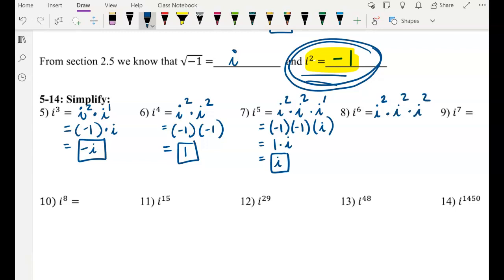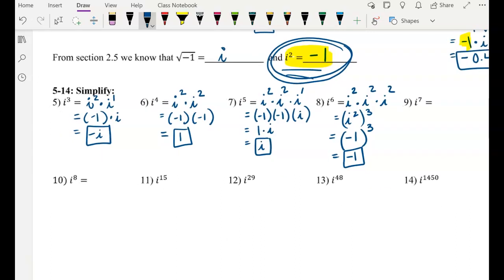Would you guys agree with that? 3 sets of i squared, because then, guys, isn't i squared 3 times the same thing as i squared to the third? Okay, that's true. So that means this is allowed to say, okay, well, i squared is negative 1, negative 1 to the third. A negative number to an odd power is going to be negative. So this is going to give us negative 1. Wow, magic, right? Imagine what we can do with all these math powers.